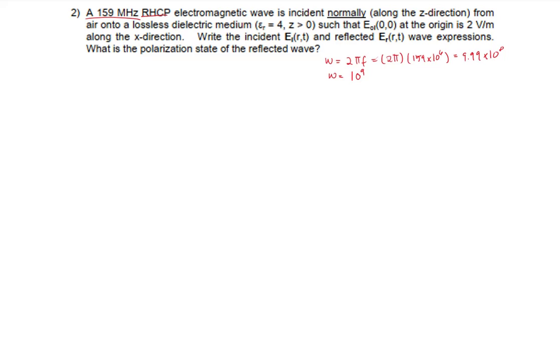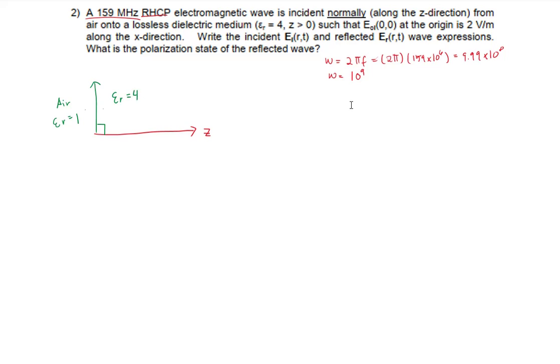Alright, so the wave is incident normally along the z direction, so let's draw our z direction, and again it's normal. This is normal to the z direction, and coming from air, epsilon r equals 1, to a medium that has epsilon r equals 4.